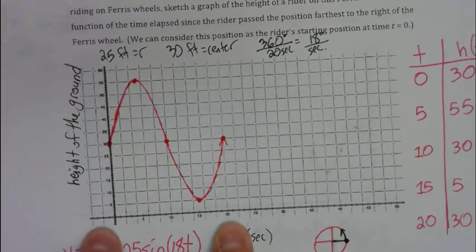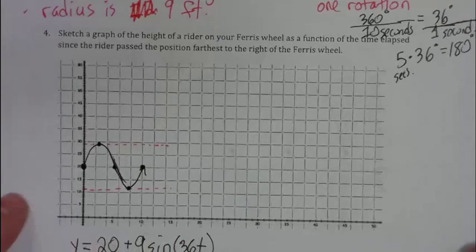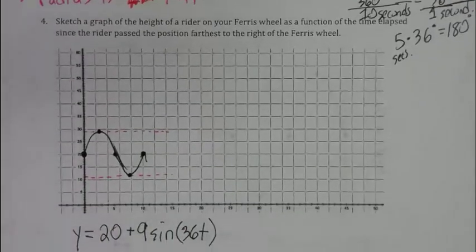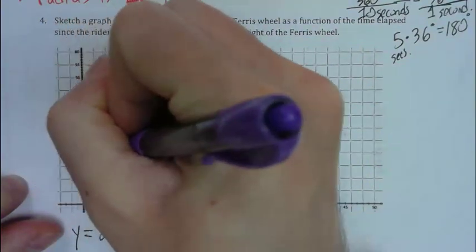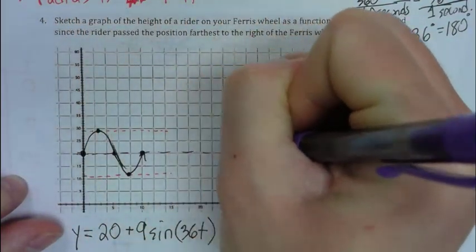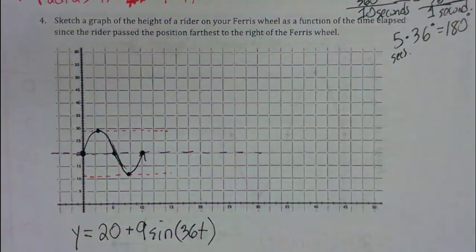So we went all the way out here. So when we doubled that 18 to 36, we're finishing that cycle faster. And we know that by the speed of the Ferris wheel from what we talked about earlier. So we have that, and then we could also draw in a little line for the middle of our graph. And so that would show where the middle of our Ferris wheel would be.